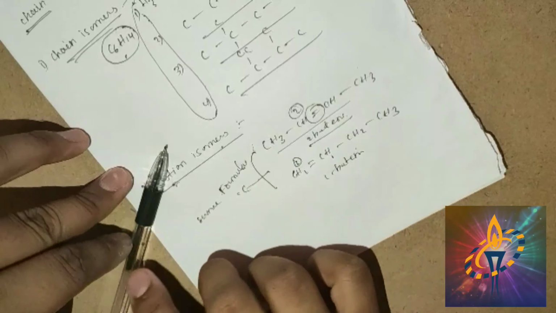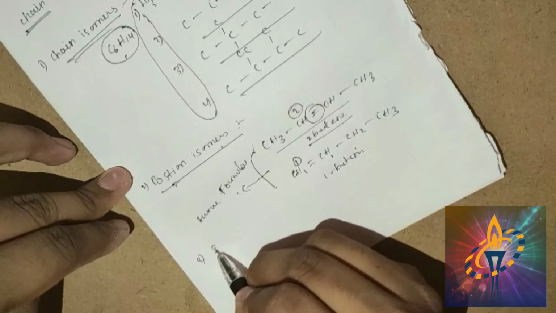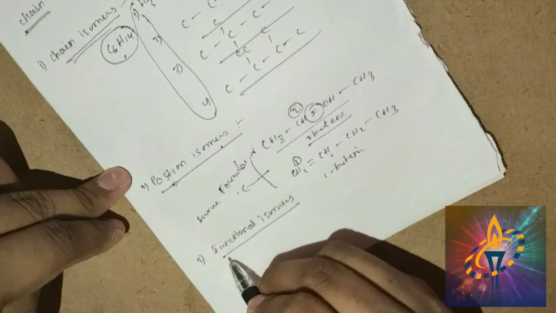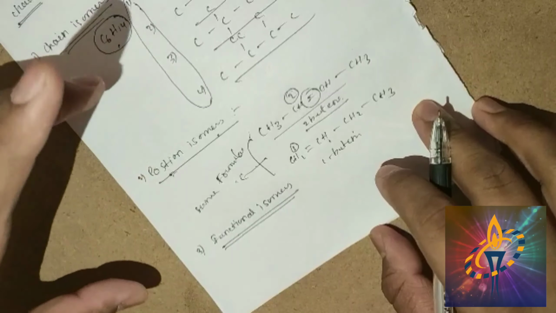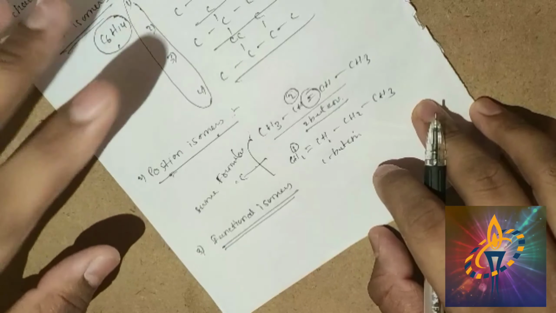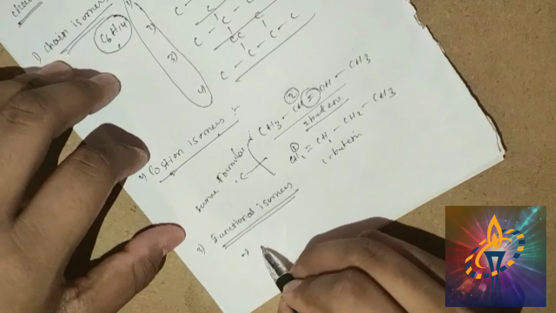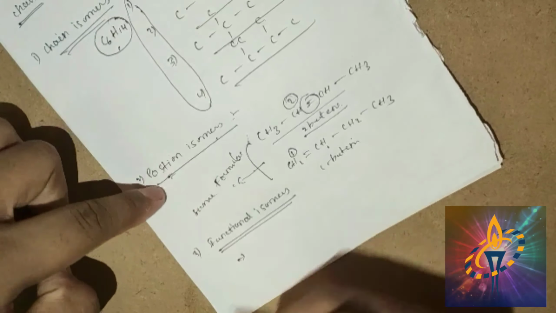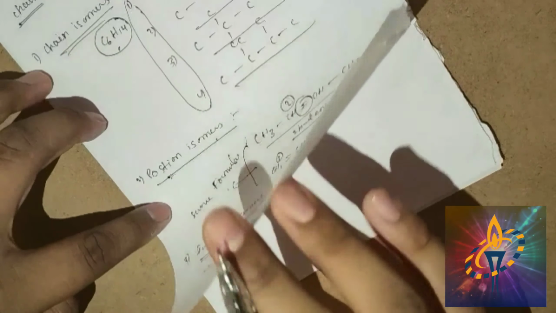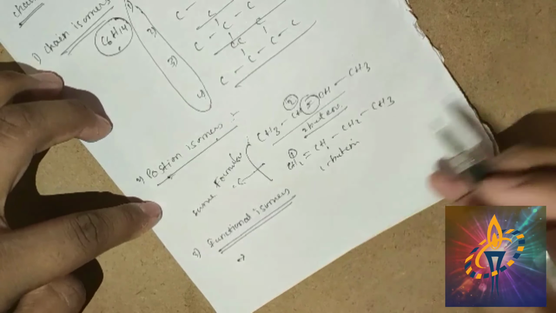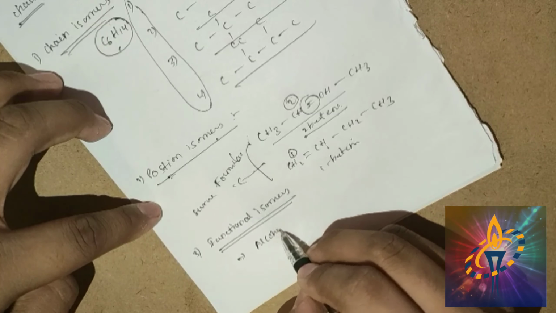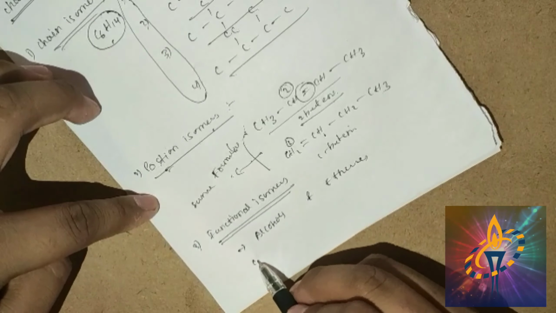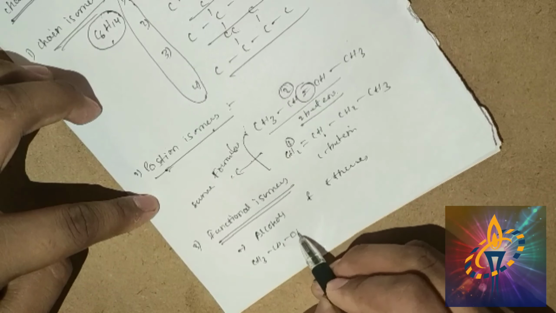Next, what about functional isomers? Here in these functional isomers we have certain things you have to remember. We learnt yesterday about functional groups and how they are named, and I have given that sheet also on my Instagram ID, you can check it out. Alcohols and ethers are functional isomers, you can see here with an example, OH.